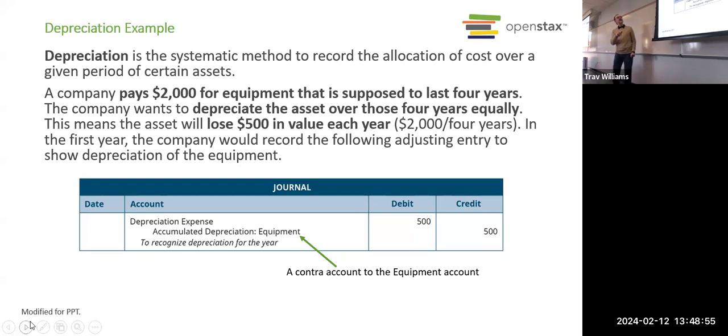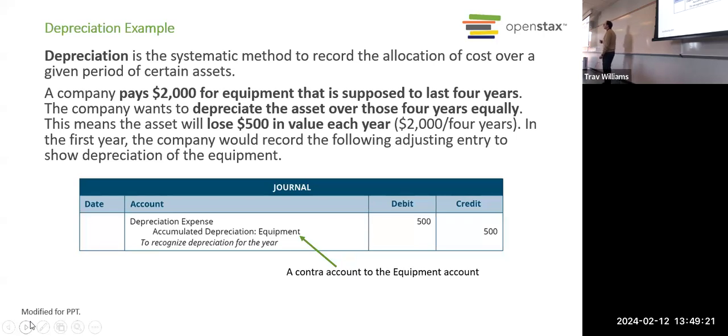So in other words, the $2,000 cost of the asset, we will be able to count as a $2,000 expense. We just have to do that over multiple years. And the way we record that depreciation expense is a debit to depreciation expense, and then a credit to accumulated depreciation.